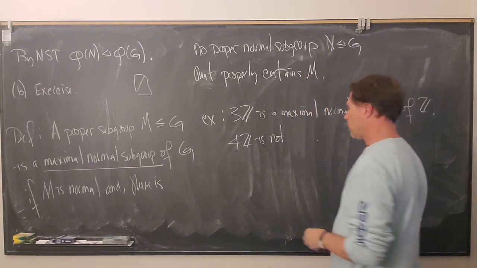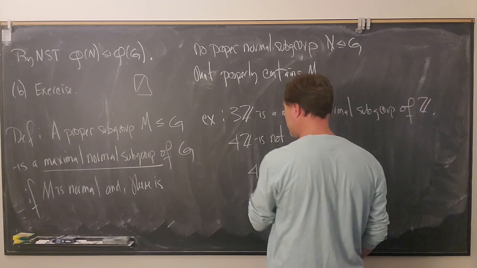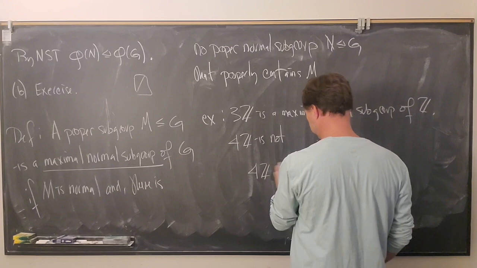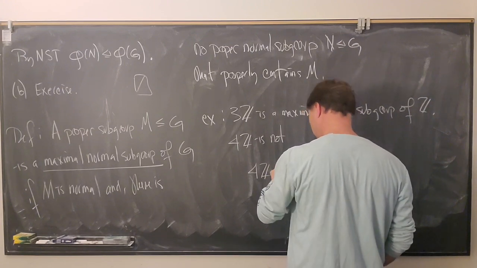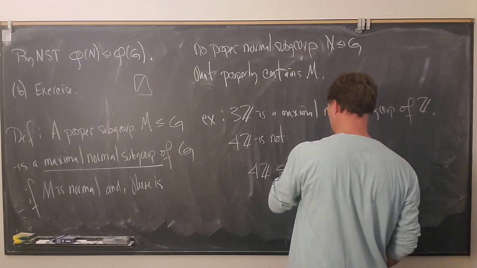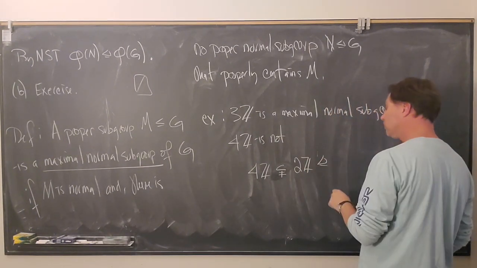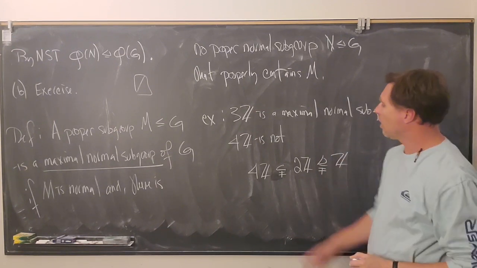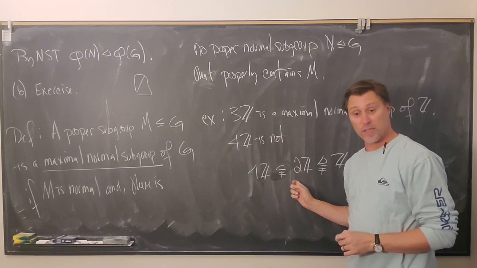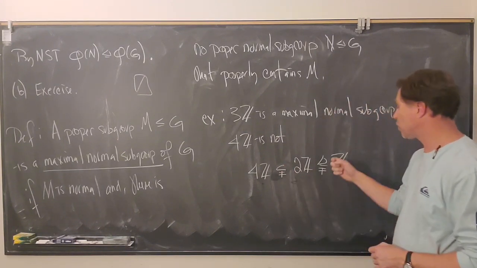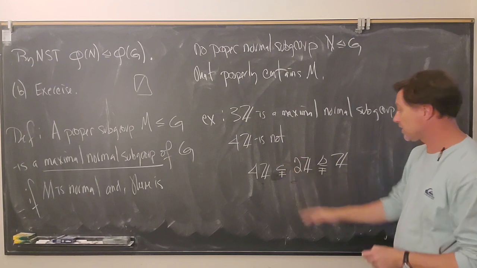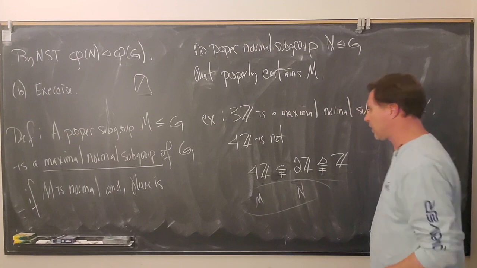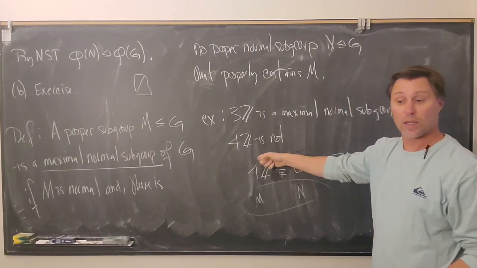And the reason is, yes, 4Z is a normal subgroup of Z, but it's properly contained in 2Z, which is a proper normal subgroup of Z. So 4Z is properly contained in 2Z, so it's contained but not equal. 2Z is a normal subgroup that is not equal to all of Z. So here's our M, here's our N, and this is the bad thing: we have a bigger normal subgroup containing our normal subgroup.